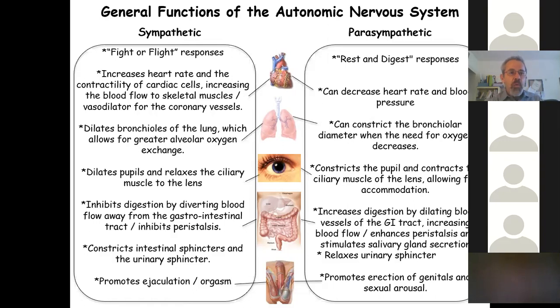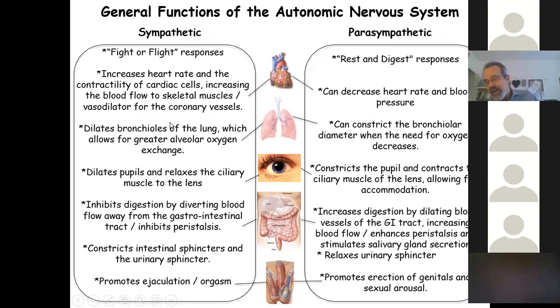In order to get more blood, basically more nutrients and oxygen, to the target organs, we need to increase the heart rate and the force of contraction of the heart. So the heart beats stronger and faster to deliver more blood, primarily to the skeletal muscles. Well, it's really what's in that blood that's important, right?